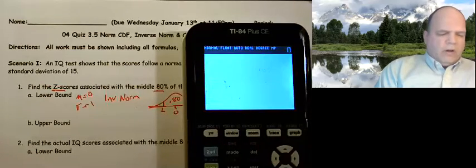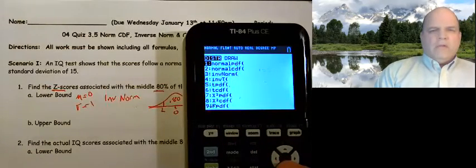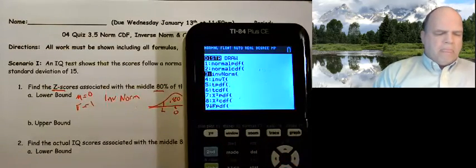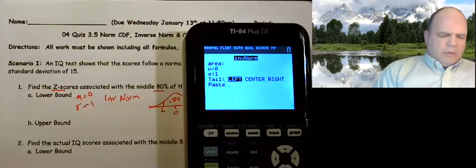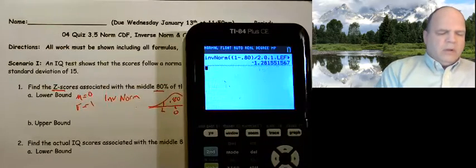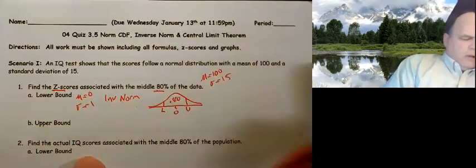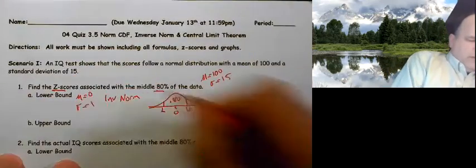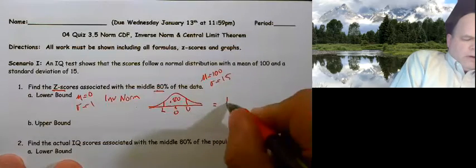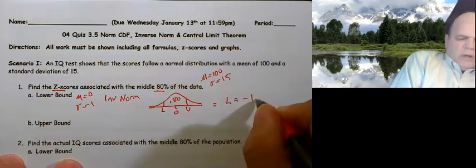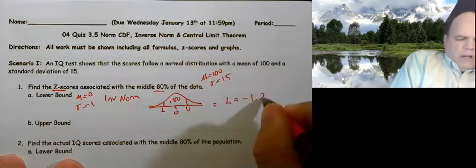So second vars, inverse norm, area, parenthesis, 1 minus 0.80, close parenthesis, divided by 2, mean is 0, standard deviation of 1. And we end up getting negative 1.28. So my lower bound equals negative 1.2815.